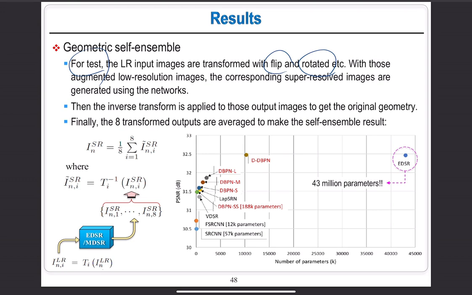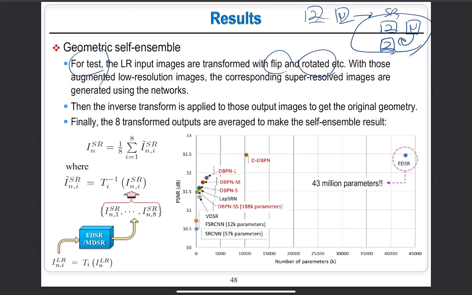The model generates a super-resolved image for each transformation, and then all outputs are inverse transformed and averaged to produce the final SR result image.